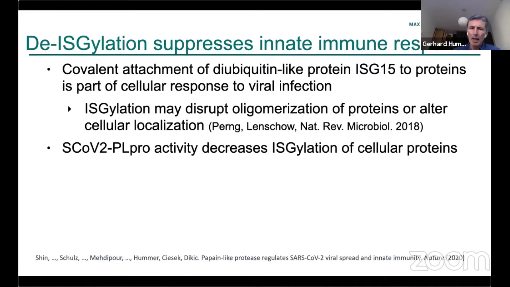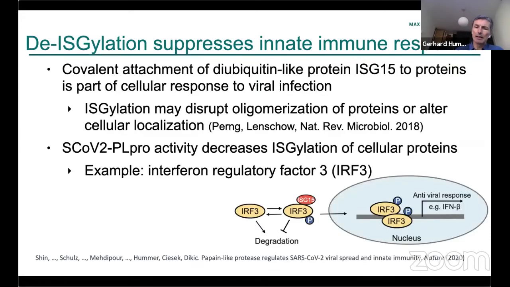And what we now found, or our collaborators found, is that SARS-CoV-2 activity decreases the ISGylation of cellular proteins. They could show that with proteomic studies. And one of the key proteins involved in this innate immune response, where we have a better understanding of what ISGylation does, is this interferon regulatory factor 3.